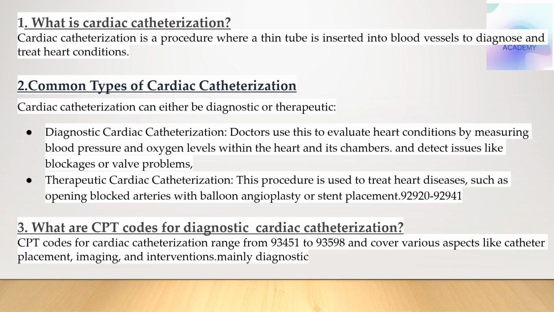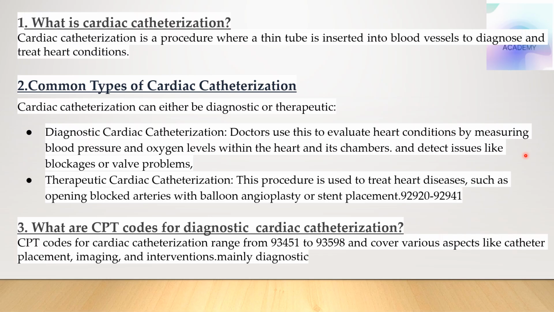So what is cardiac catheterization? It is nothing but a procedure where a thin tube is inserted into the blood vessel to diagnose and treat heart conditions. Now let us look at the two types of cardiac catheterization. One is diagnostic, where we are trying to diagnose a problem related to the heart. It could be measuring the blood pressure or the oxygen level, or a problem with the heart chambers, the walls, or a blockage.